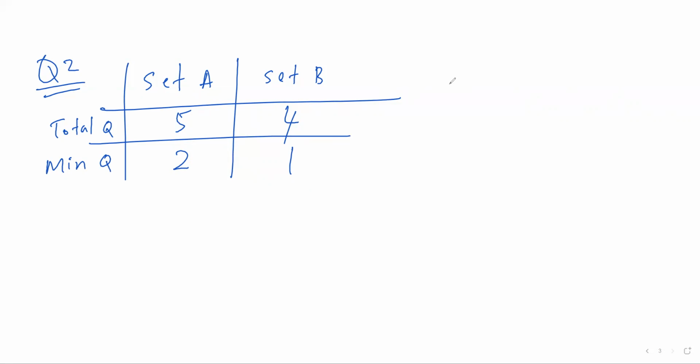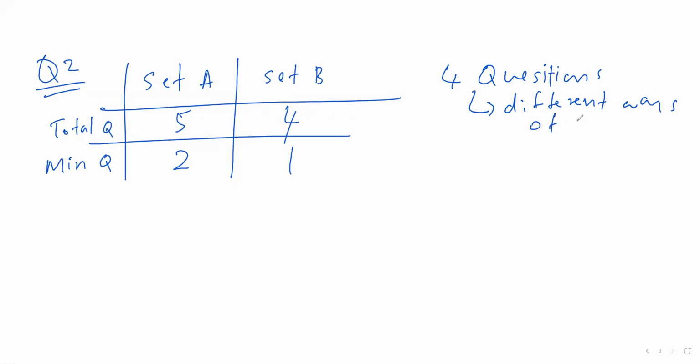Okay, so let's say if the student is supposed to do 4 questions, okay, what are the different ways of choosing? So you can first look at either you can do 3 and 1, or you can do 2 and 2.